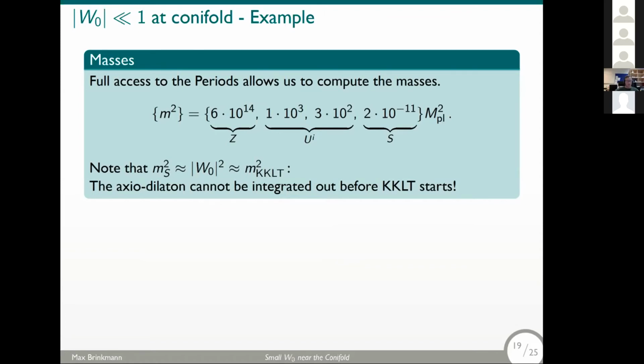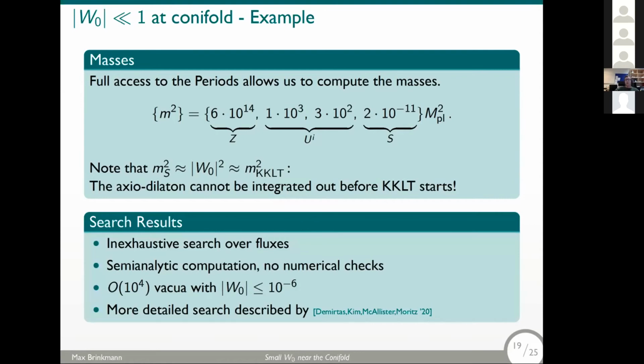It is still important to note that this mass of the axiodilaton is proportional to W0, which also sets the KKLT mass scale. So one has to be careful when starting with this into a KKLT-like scenario, because the axiodilaton cannot be integrated out beforehand.